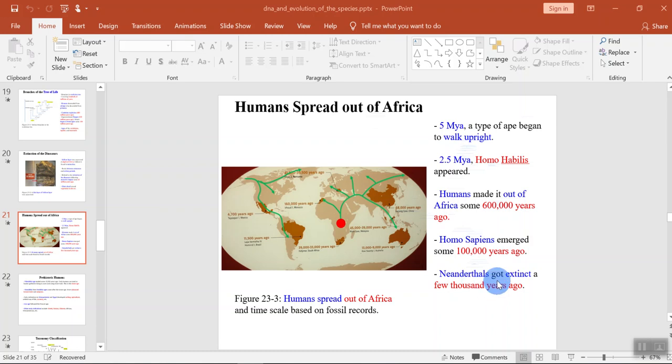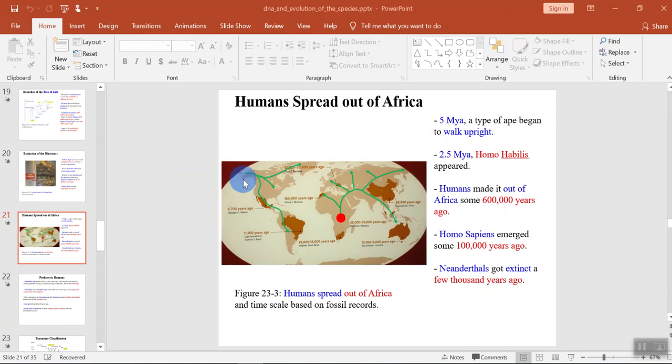So the Neanderthals got extinct a few thousand years ago. So we can see that humans made it to the Americas around 14,000 years ago through the Bering Strait. By the way, this map is from the Smithsonian Museum of Natural History.